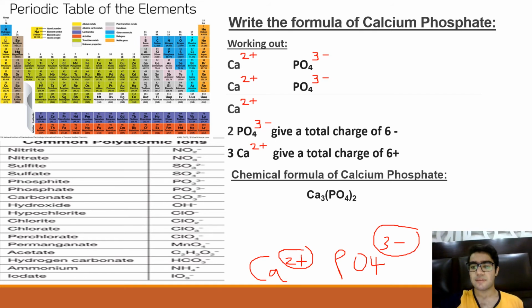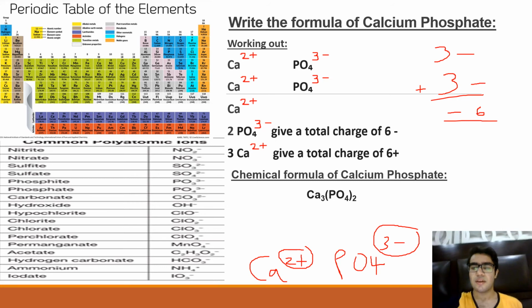We can only balance these out if we have two phosphates, because two phosphates would mean 3 minus plus 3 minus, right? So we have 3 minus and 3 minus, that would make it minus 6. If we add these, yeah, that would make it minus 6 charge.